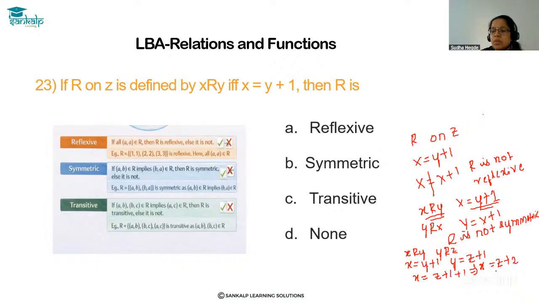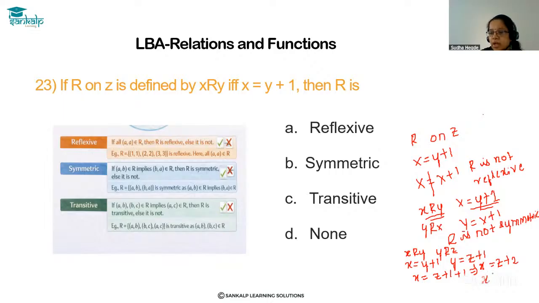But the relation should be x is equal to y plus 1, this form. But here it is z plus 2. If it is z plus 1, then you can say x R z. But now it is z plus 2.